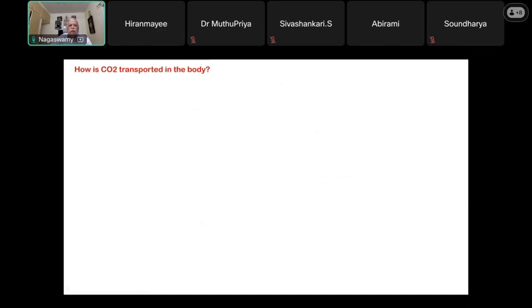Okay. So the CO2 transport in the body. What are the means of transport of CO2? Bicarbonate. 3 modes you have to describe. I give you the clue also. Bicarbonate is the maximum. Okay.